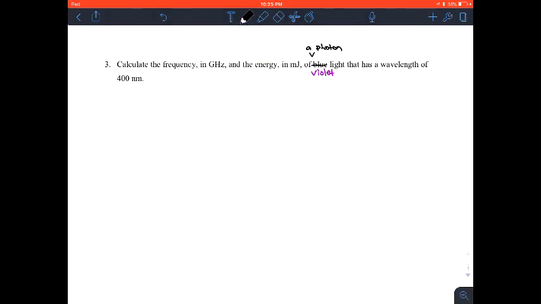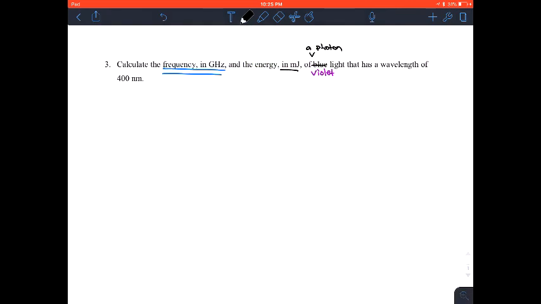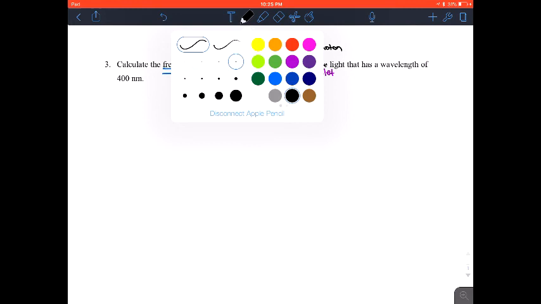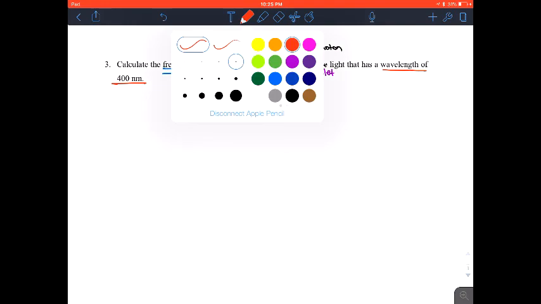So we need to calculate the frequency in gigahertz and the energy in millijoules of a photon of blue light that has a wavelength of 400 nanometers. So that's single underlined in this case.